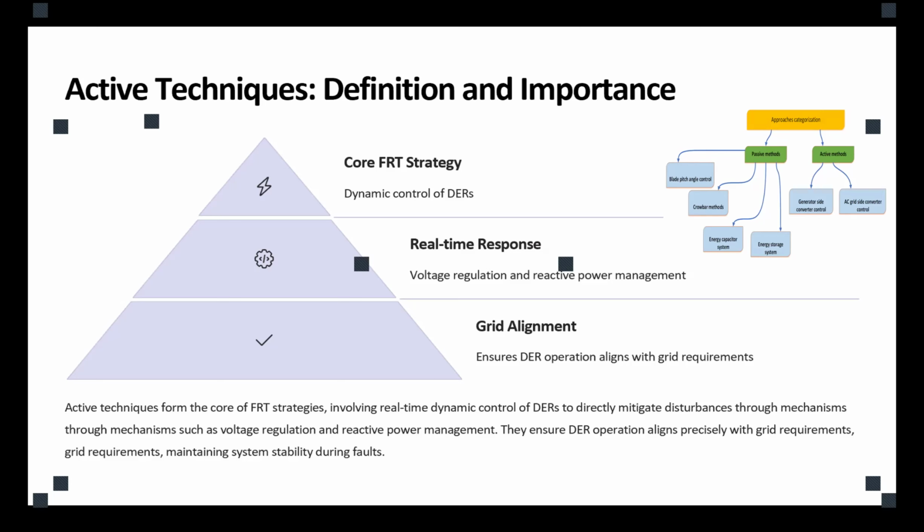So we actively change the control system or the thresholds for the protection based on what is actually happening out there. In a passive system you are changing the threshold, but the threshold is constant. In an active system, the real-time control system would define the threshold. So the threshold for a voltage could be different from one second to another. Same for the frequency. And we have to align with the situation.